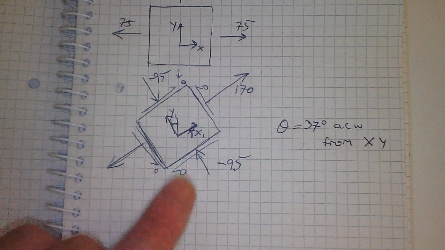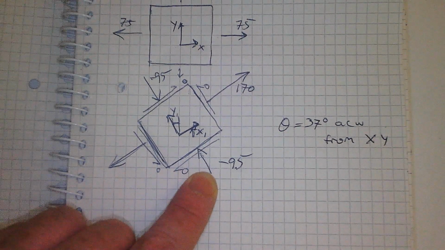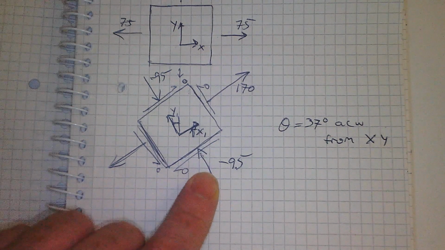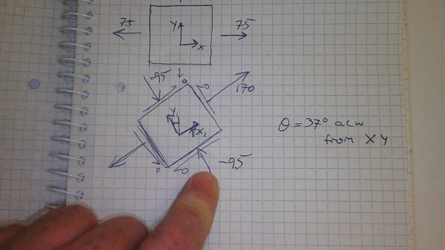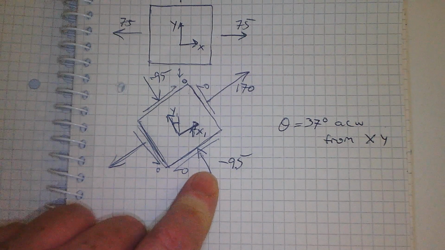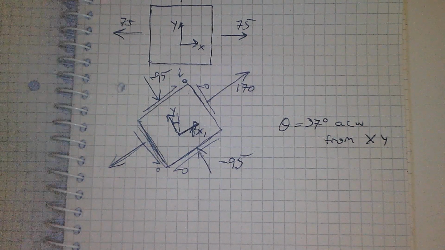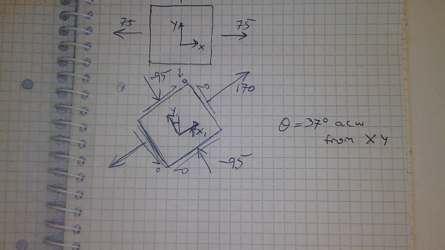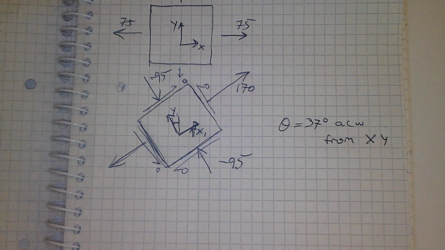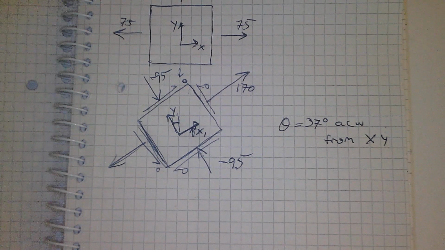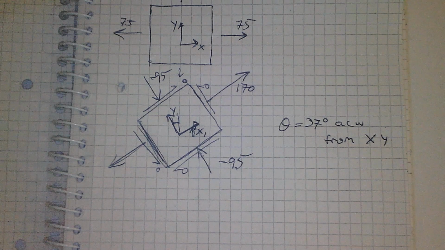So in that orientation, there is no shear stress. The part isn't under any shear in that orientation. And that's a feature of principal stresses. The normal stresses will be a maximum and minimum, but there are no shear stresses.